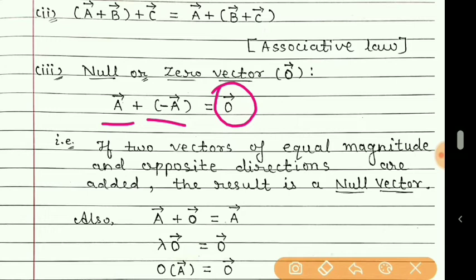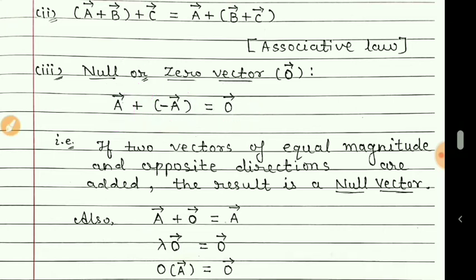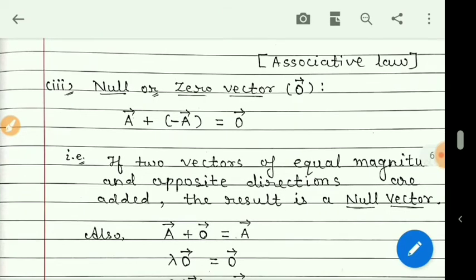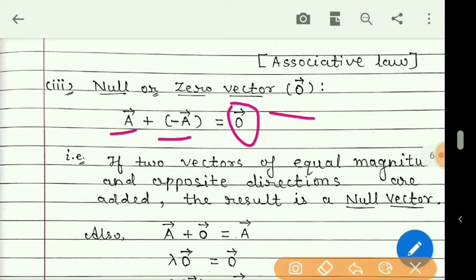You can see here vector A is added to its opposite vector, that is minus A, and so we get the result 0. But students, we have to put here a vector sign. Definitely it is 0, but still this 0 is obtained due to the result of this addition of two vectors, and so we have to put this vector sign.